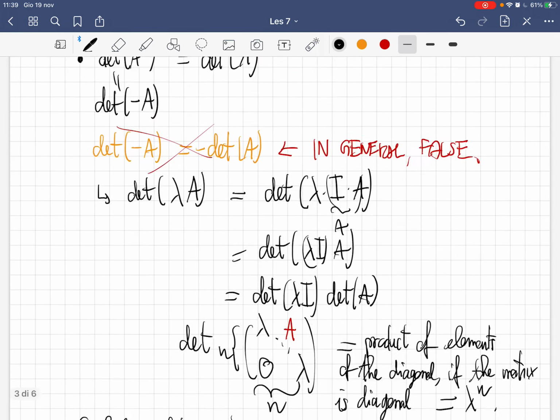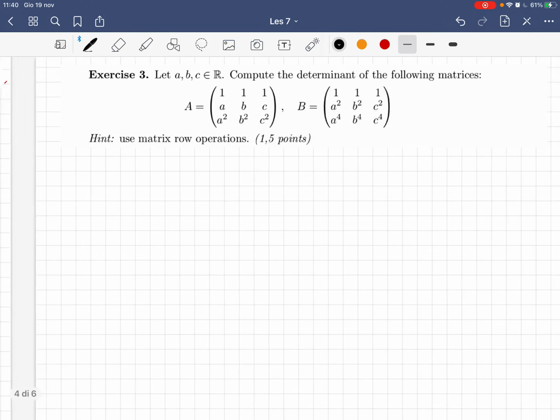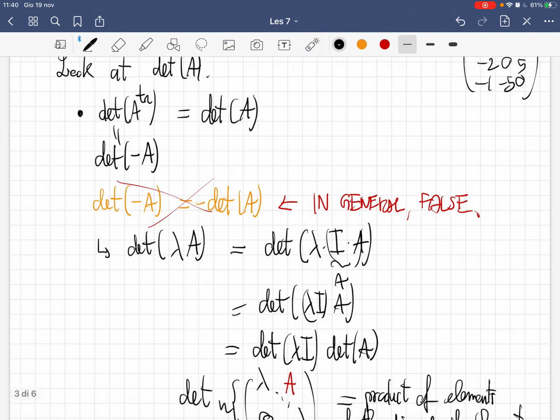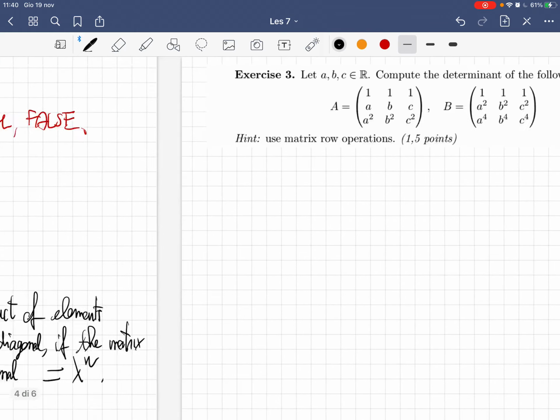Okay, and that was it for the second exercise, and we'll write it nicely later on.